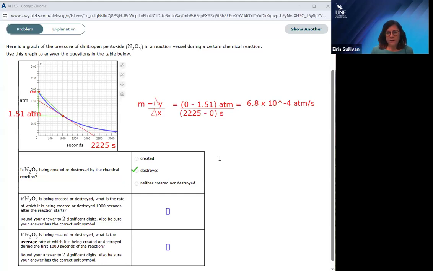So again, I can do delta y over delta x. I can't be faffing around with drawing triangles. So what is the change in y? We're just going to do the final value of y minus the initial value. I really can't read because I just happened to put it right under there, but I think it's like 0.8 or something.